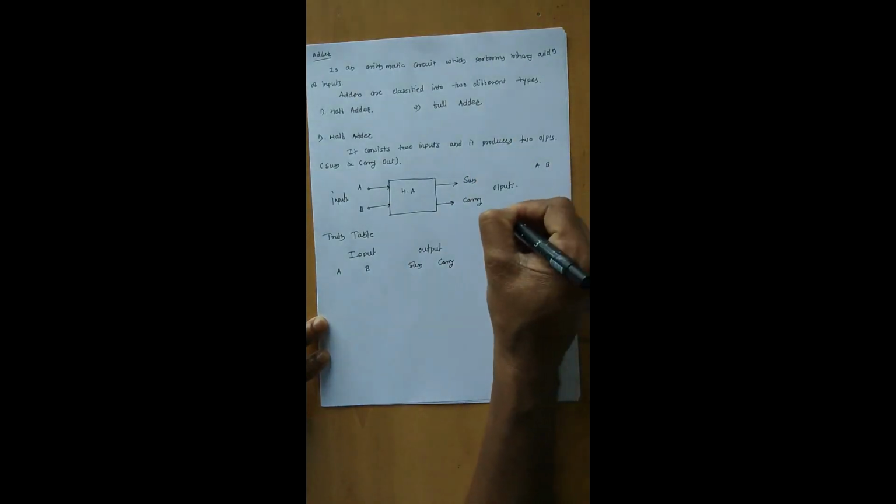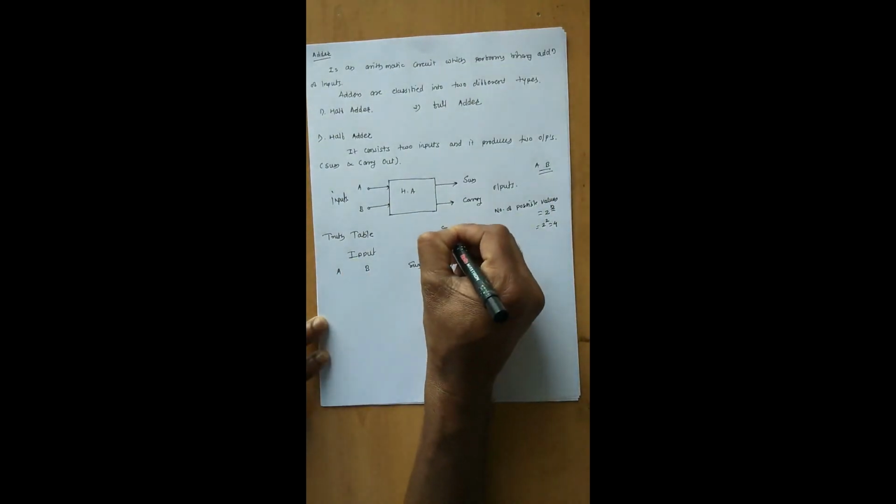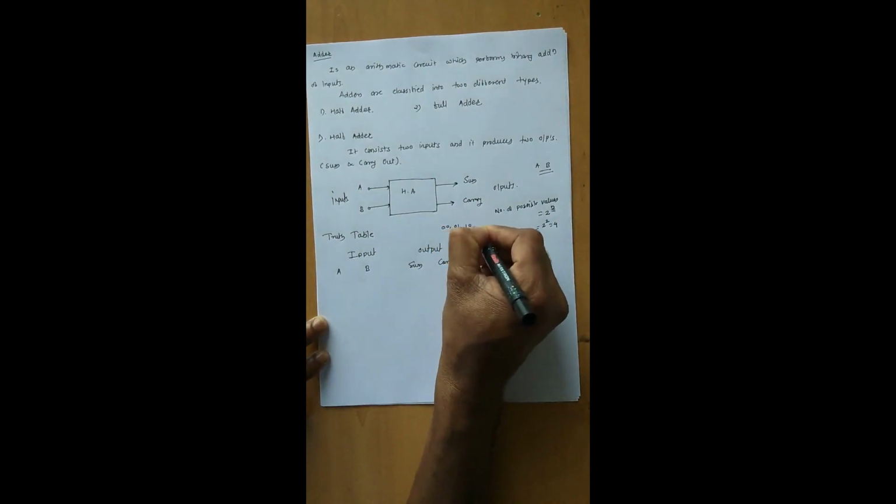If A and B are two inputs, then it produces four different combinations, because the number of possible values is equal to 2 raised to n, where n is the number of inputs. So 2 raised to 2 becomes 4. The input values are 0 0, 0 1, 1 0 and 1 1.